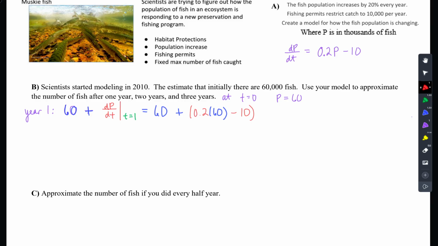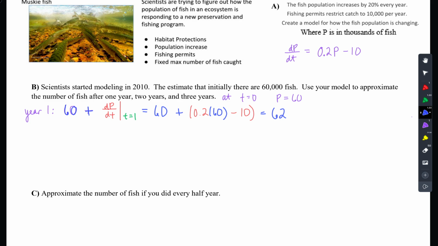If you type all that in, now we have more fish happening. It increases by 20%, but then it goes down because you restrict it. So now my new population, if you did the math, is 62. So now we're at 62,000 fish, because we added in this change that's happening.